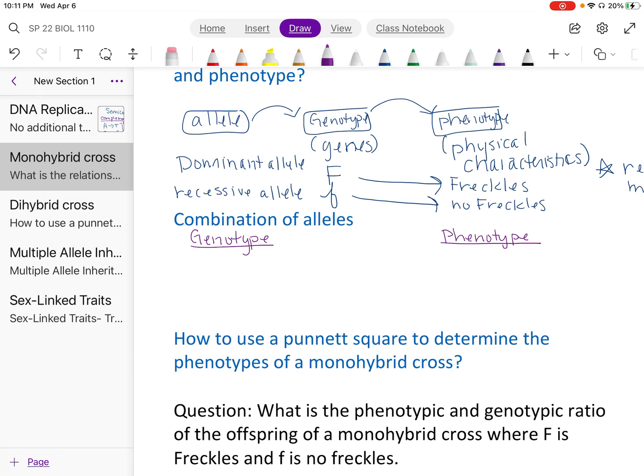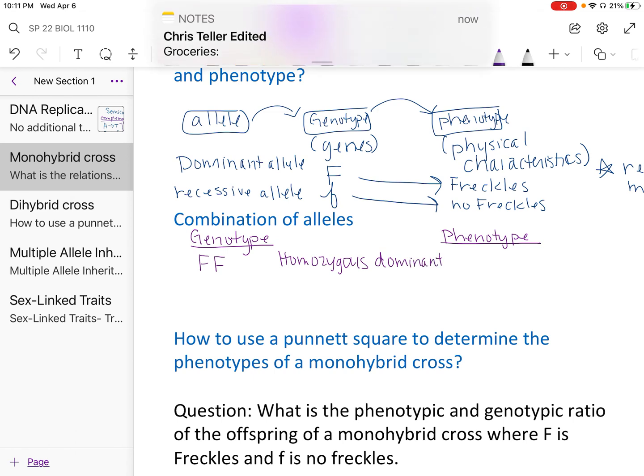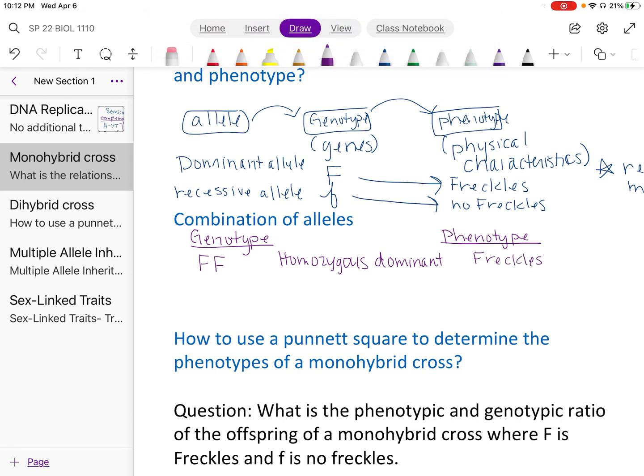So if we have two alleles that are dominant, two capital Fs, that is called homozygous dominant. And if you have two dominant alleles, in this case, that means the individual will have freckles.